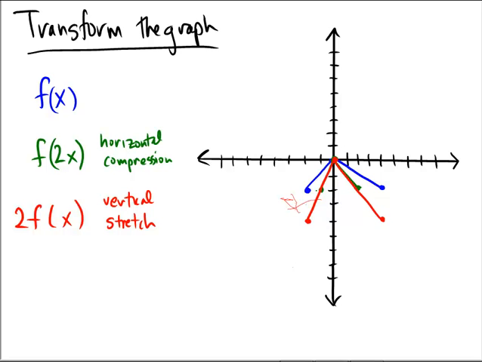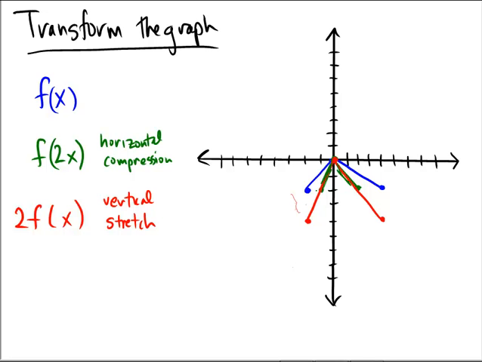Unfortunately the green and the red overlap a little bit here, but we can see that the green and the red happen to be kind of close to the same spot, and we get our graph. Okay, so notice how the red stretches the blue, and the green compresses the blue.